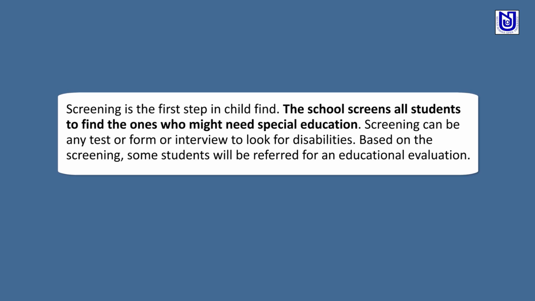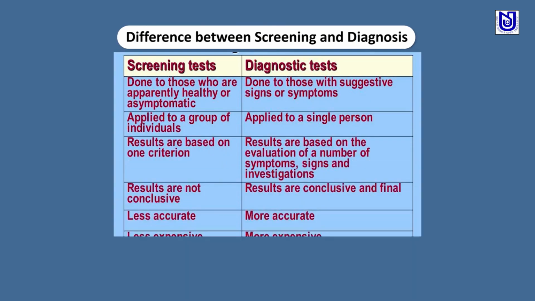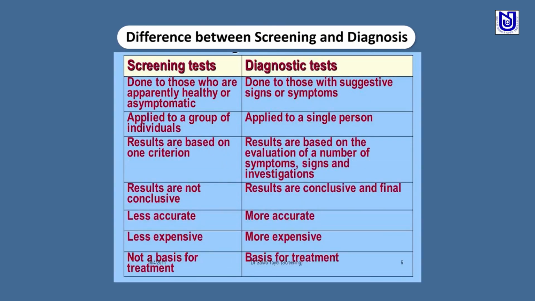Based on the screening, some children will be referred for an educational evaluation or further diagnosis. We often misunderstand these two concepts, so I'll discuss screening test and diagnosis test.